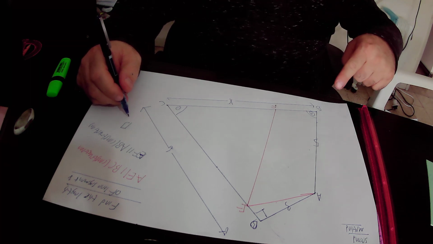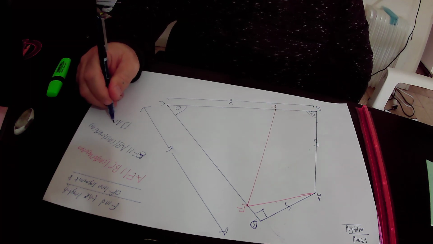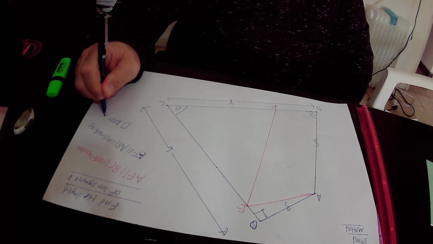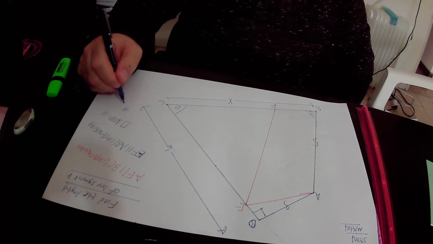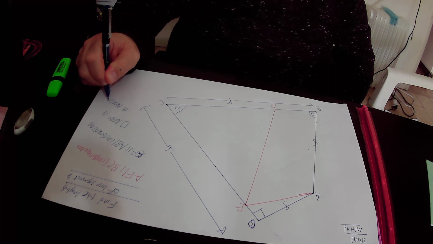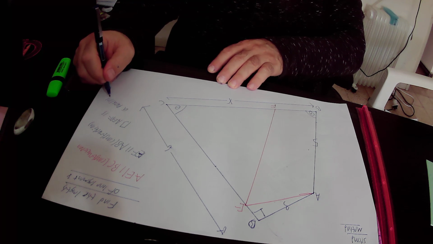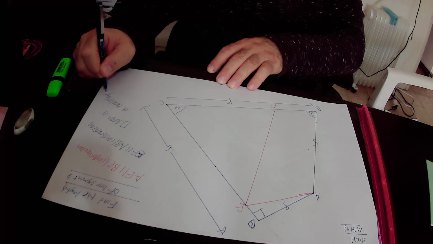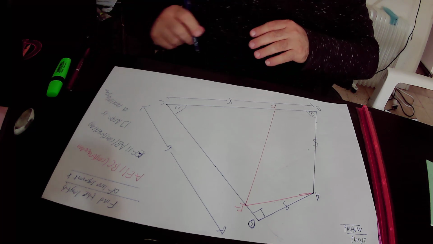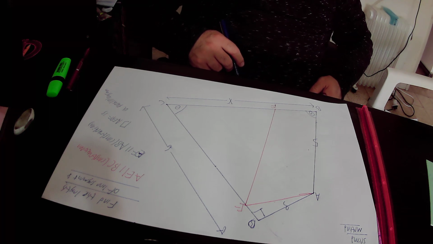Why is quadrilateral AEFB a parallelogram?